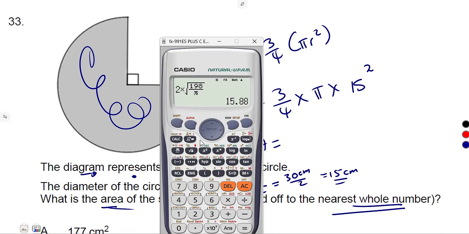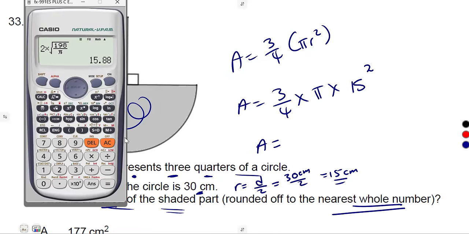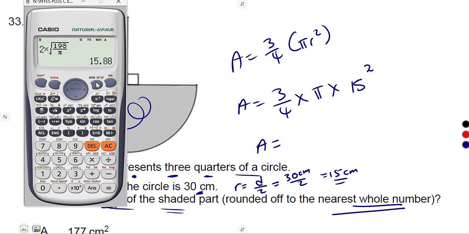All right, so let's see. Here I'm just going to fix my calculator to the normal mode. So we had 3 over 4 times pi, times 15 squared, to the exponent of 2. So this is it as a decimal.